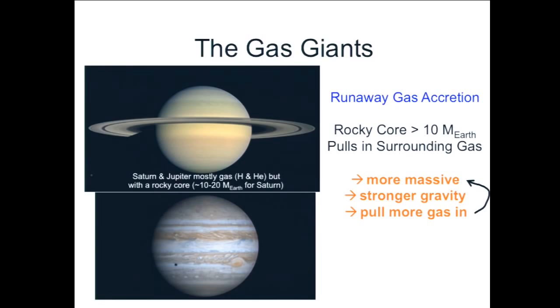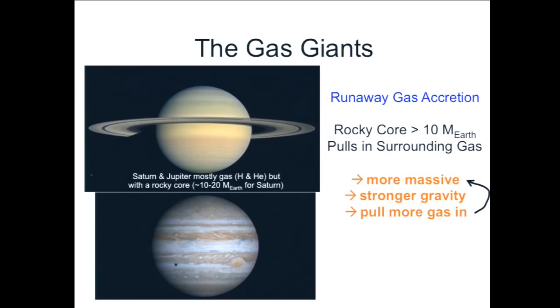As it pulls in gas, that makes the planet more massive, which makes its gravity stronger, which makes it pull in more mass, which leads to a runaway. And so you get a gravitational runaway forming Jupiter and Saturn, but only once you've already built up a rocky core that's about 10 times the mass of the Earth.